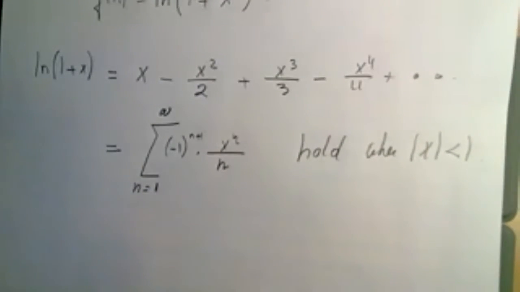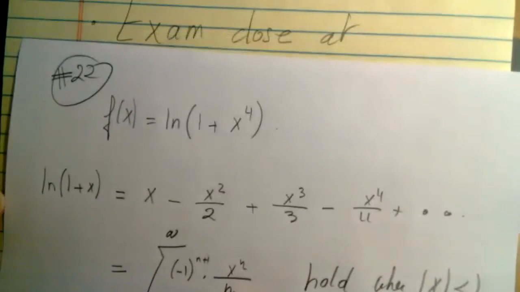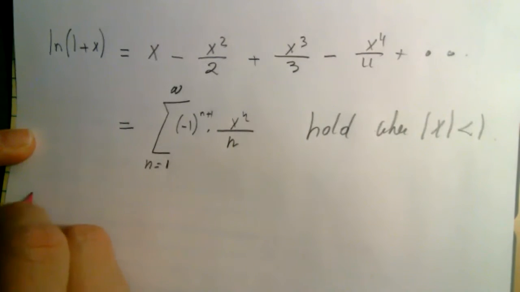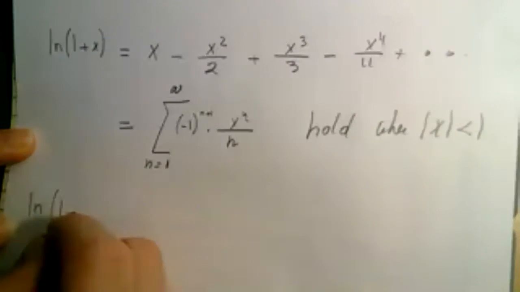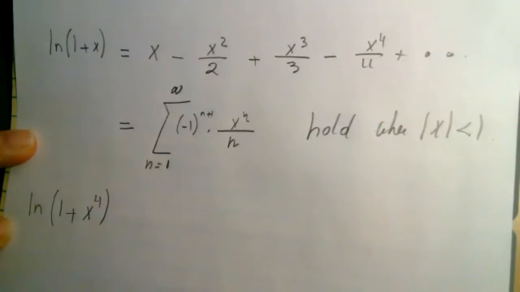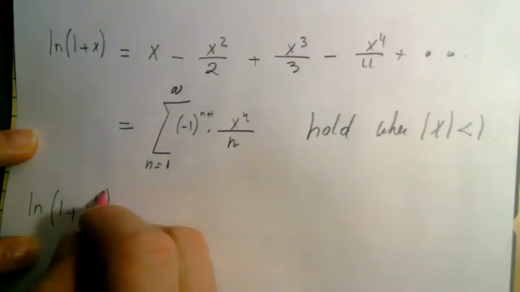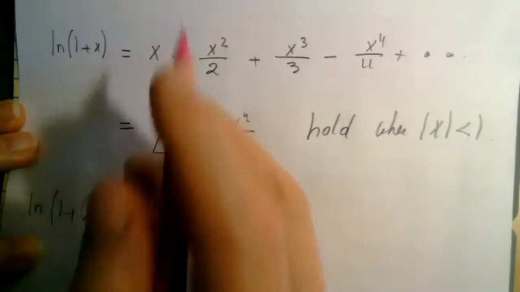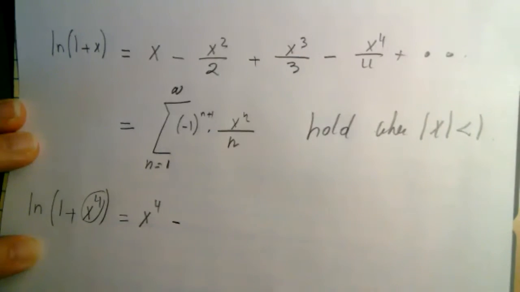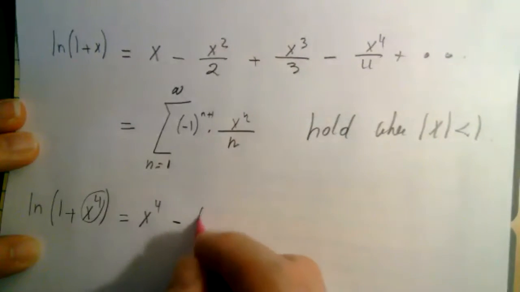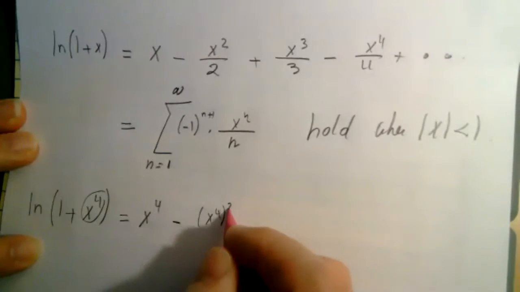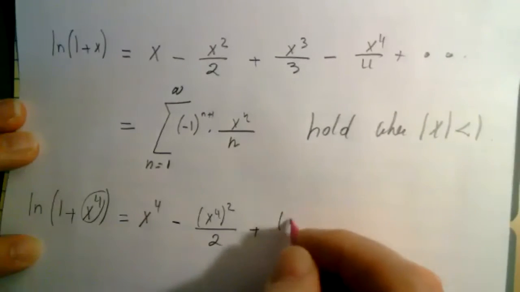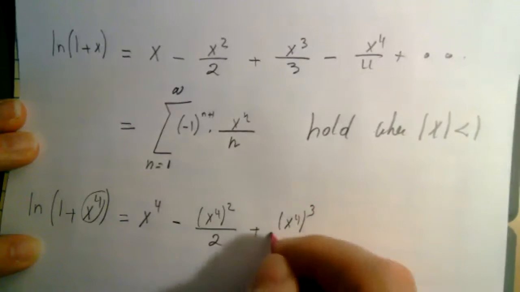Now I want ln of 1 plus x to the power 4. So I'm going to just substitute x to the 4 for x. Instead of x, x to the power 4. Instead of x squared over 2, x to the 4 squared over 2. Again, instead of x, x to the 4 cubed over 3.